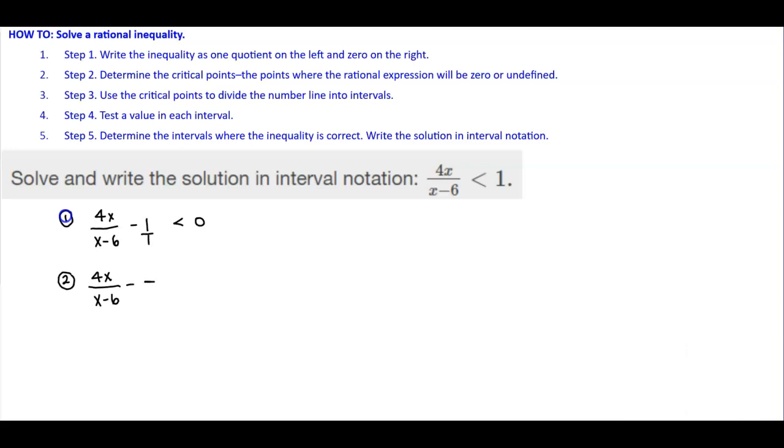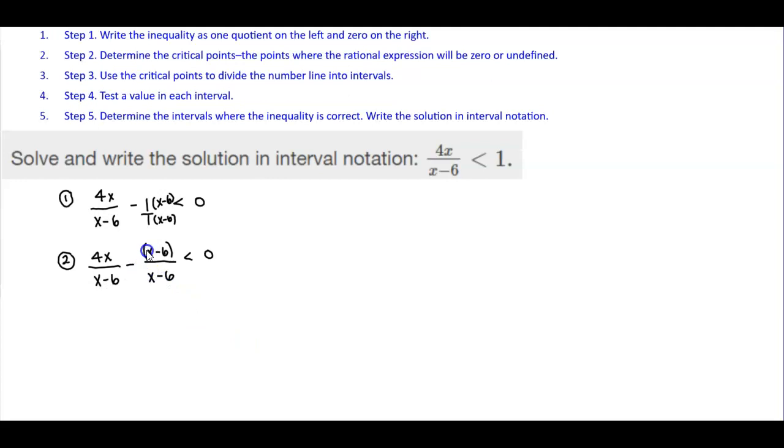The LCD is going to be x minus 6, because if we multiply the denominator by x minus 6, then we also need to multiply the numerator by x minus 6. So this becomes minus (x minus 6), and it's going to be less than 0.